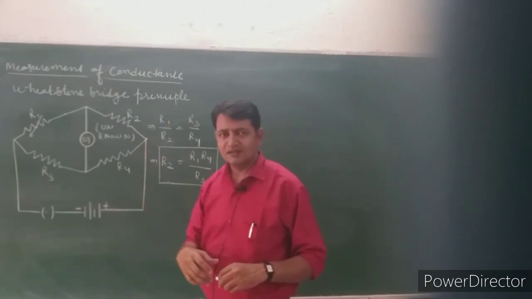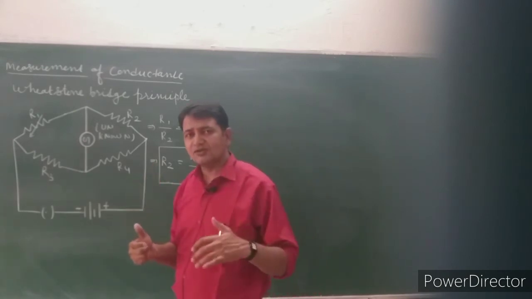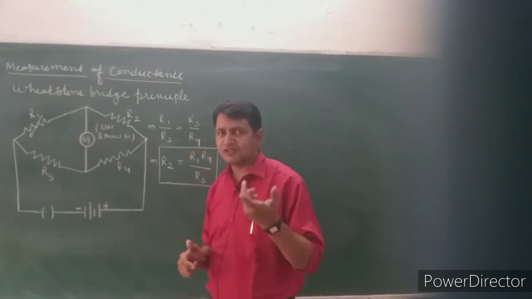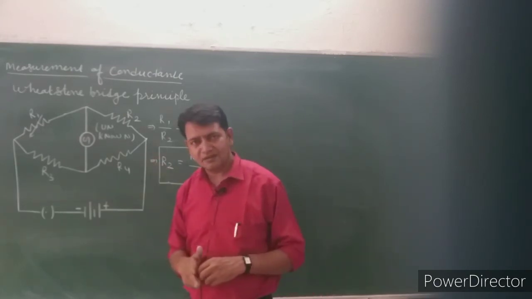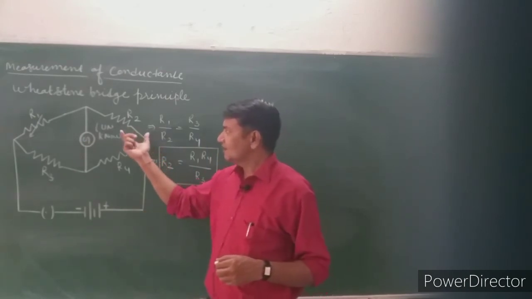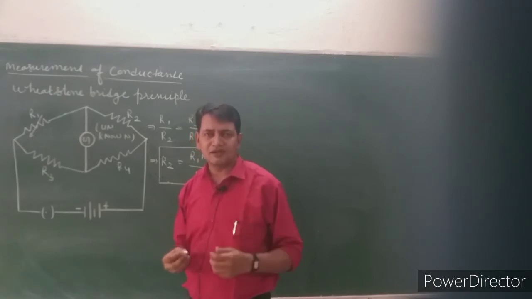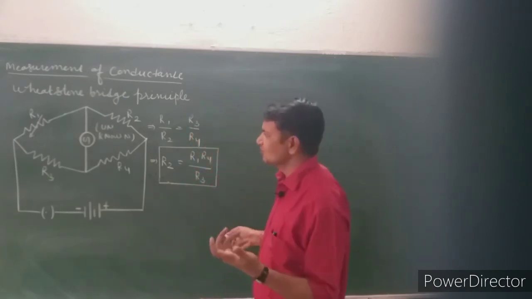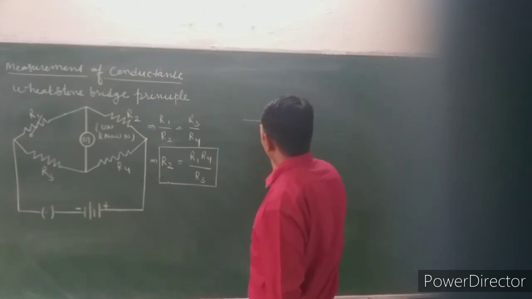To overcome this, we convert the electrolytic solution into a conductivity cell. The first problem I have already explained: when we use direct current, the conductivity cell behaves like an electrolytic cell. So to overcome these two problems, we use a meter bridge to determine the resistance of the unknown electrolytic solution.